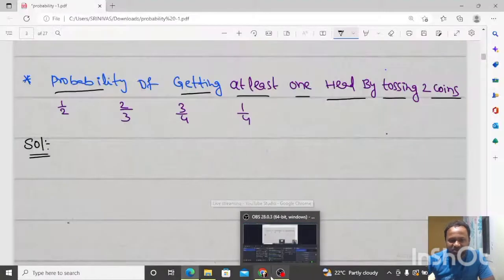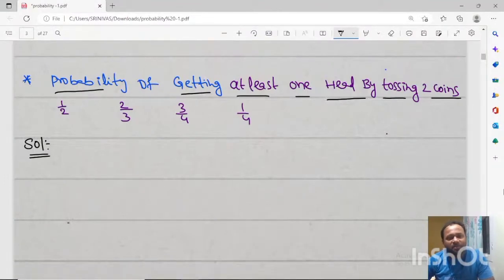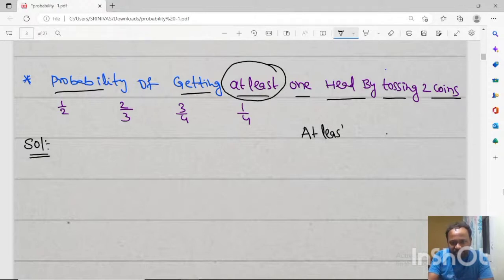Okay. So see this. The probability of getting at least one head. Here, at least, at most, two conditions will be there.